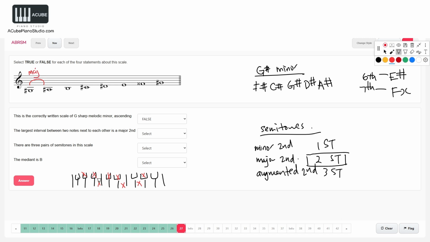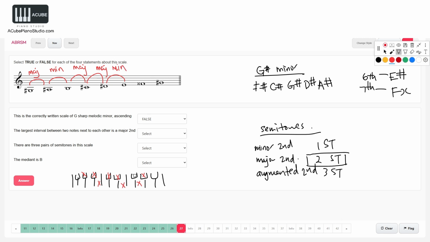Here to here, 1 semitone apart, so it's a minor 2nd. B to C sharp, 2 semitones, so it's a major 2nd. C sharp to D sharp, again 2 semitones, so it's a major 2nd. D sharp to E, they are right beside each other, the 2 nearest notes, so it is just 1 semitone. 1 semitone is minor.